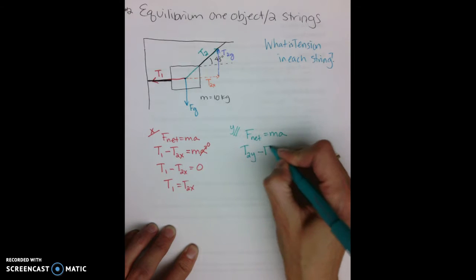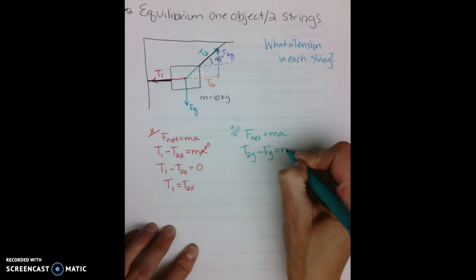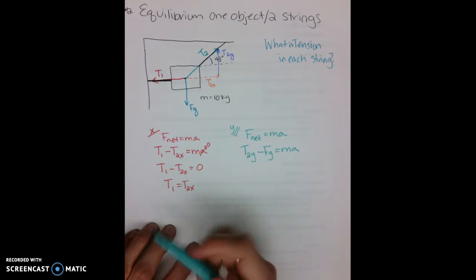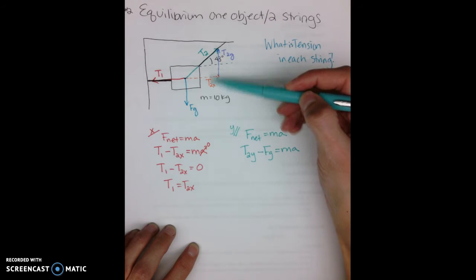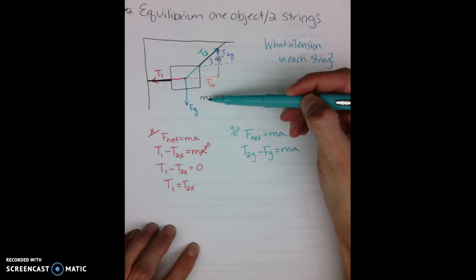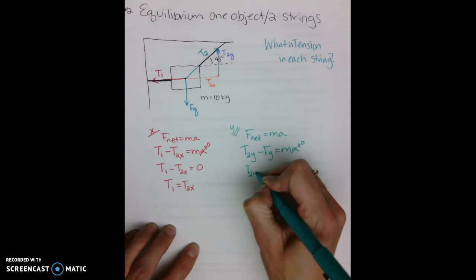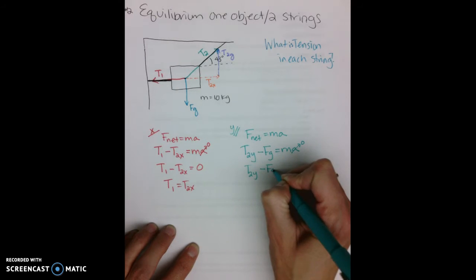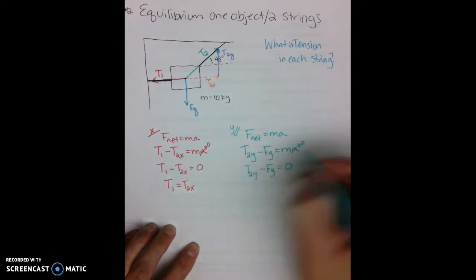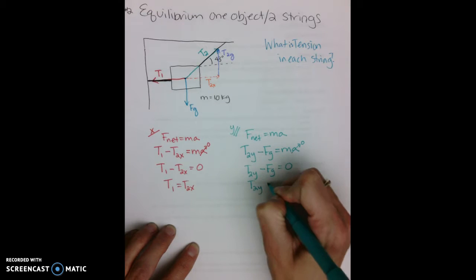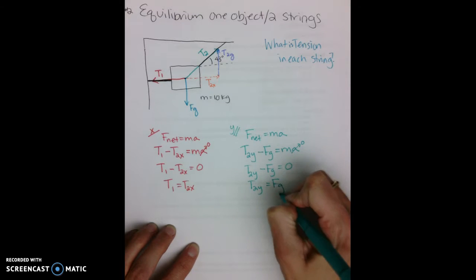So T2y minus Fg equals ma. Is my box accelerating in the vertical direction? No. So a is 0. So T2y minus Fg is equal to 0, or T2y is equal to Fg.